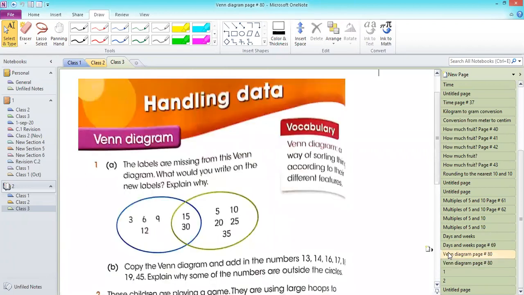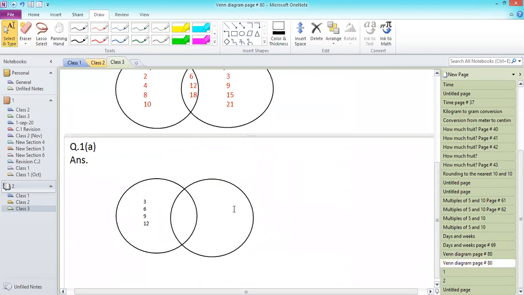And 5, 10, 25, 35. And what is the common here? Common is 15 and 30.